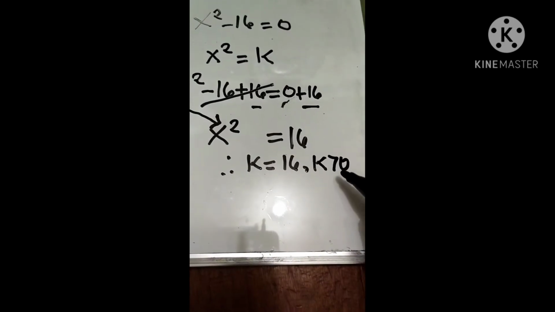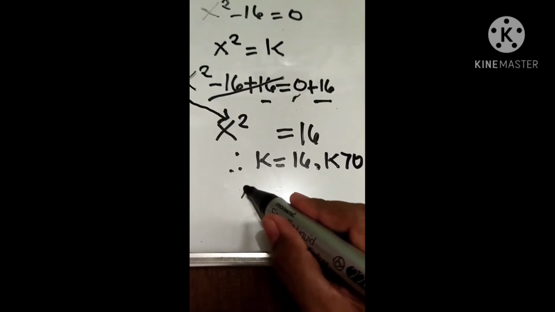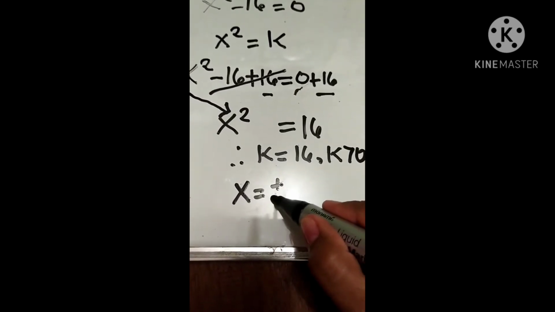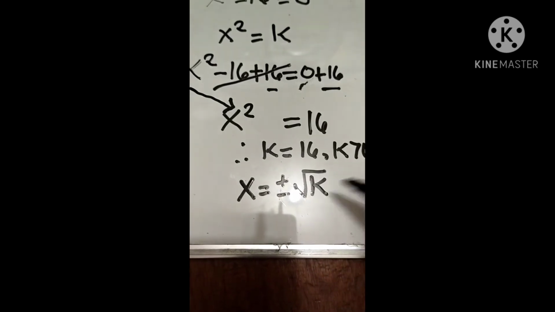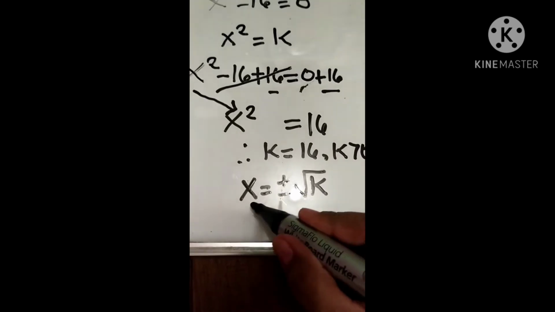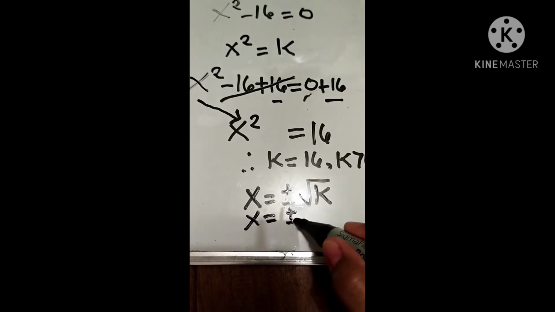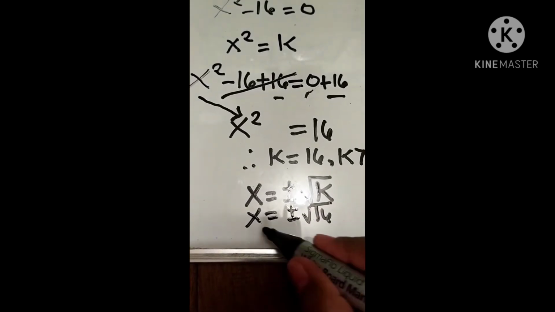Since k is greater than 0, you can use this to solve for x: positive, negative square root of k. What is your k? Your k is 16. So you have positive and negative the square root of 16.